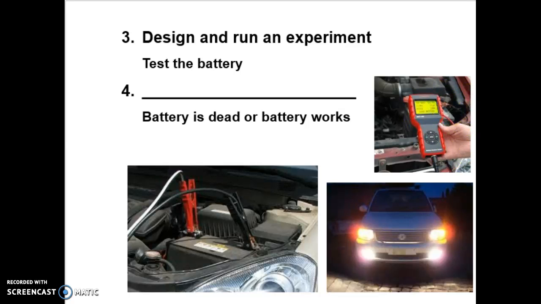That's one experiment. I can turn the lights on. Do I have lights? Does my radio work? That's a different experiment. I can try to jump it. Get somebody to come over with their truck or their vehicle, put the jumper cables on. There's a third experiment. I could pull my battery, take it down to AutoZone. Fourth experiment. You could design dozens of experiments to test the same hypothesis.